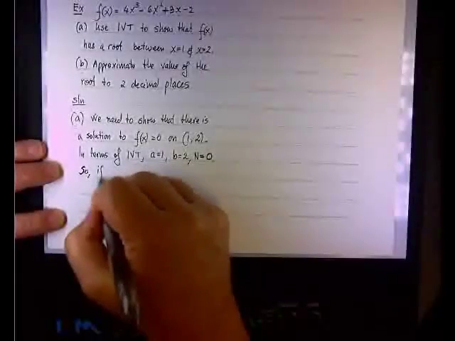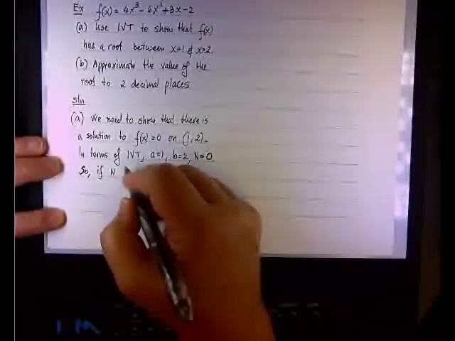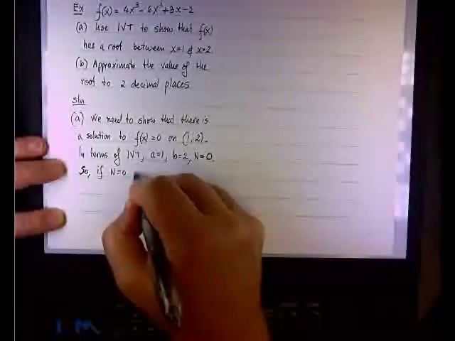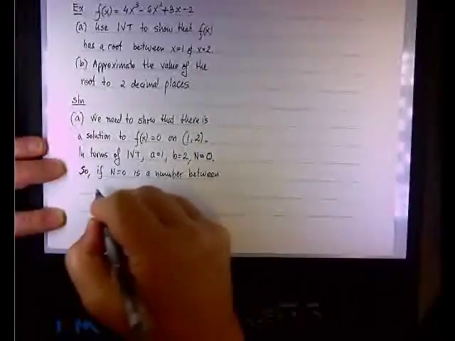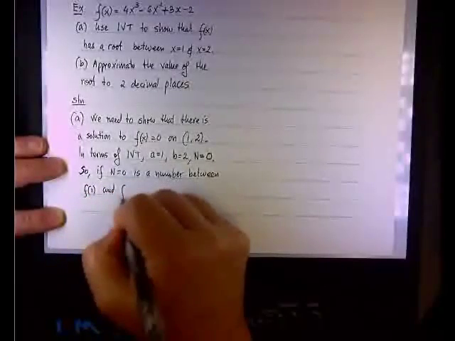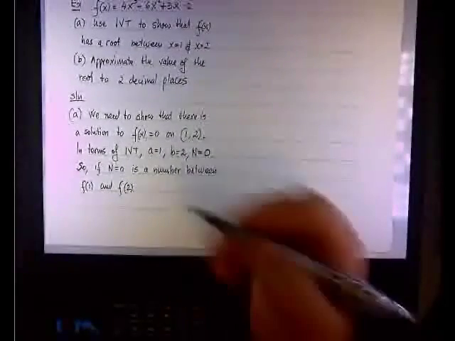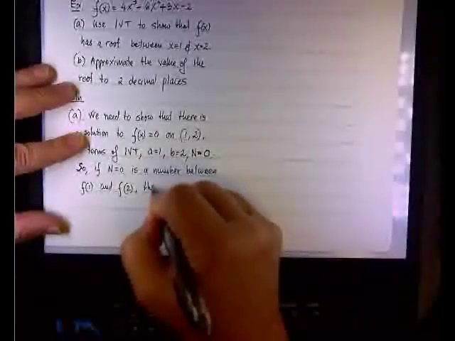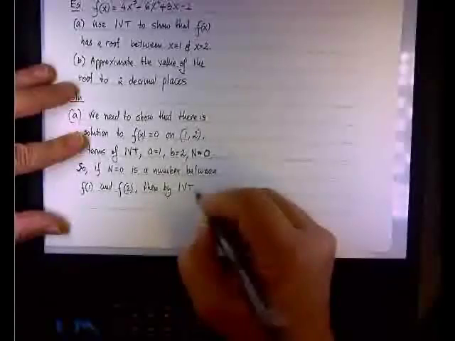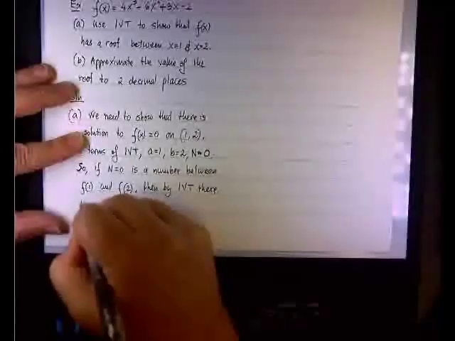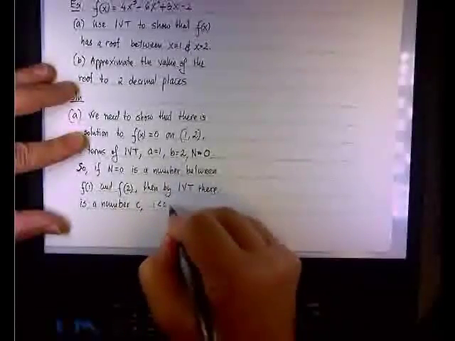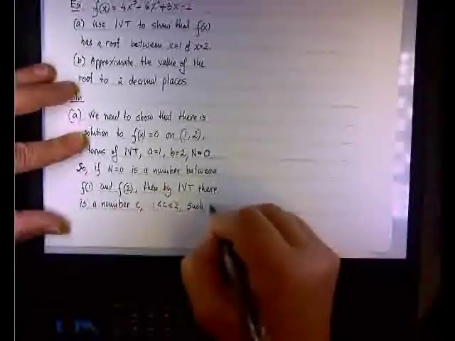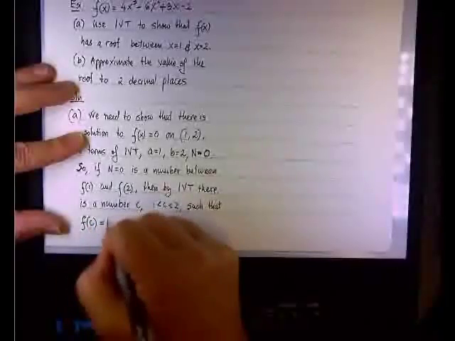I said that if n equals 0 is a number between f of 1 and f of 2, then by IVT there is a number c, greater than 1 but less than 2, such that f of c equals n equals 0.